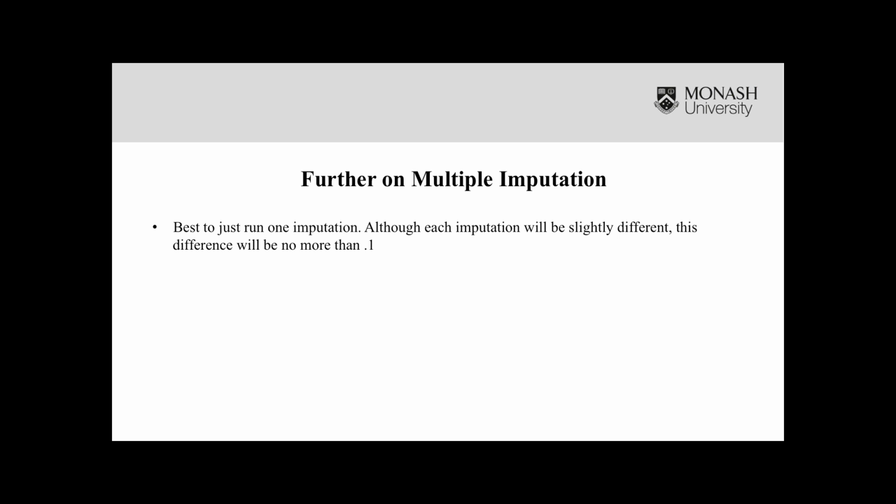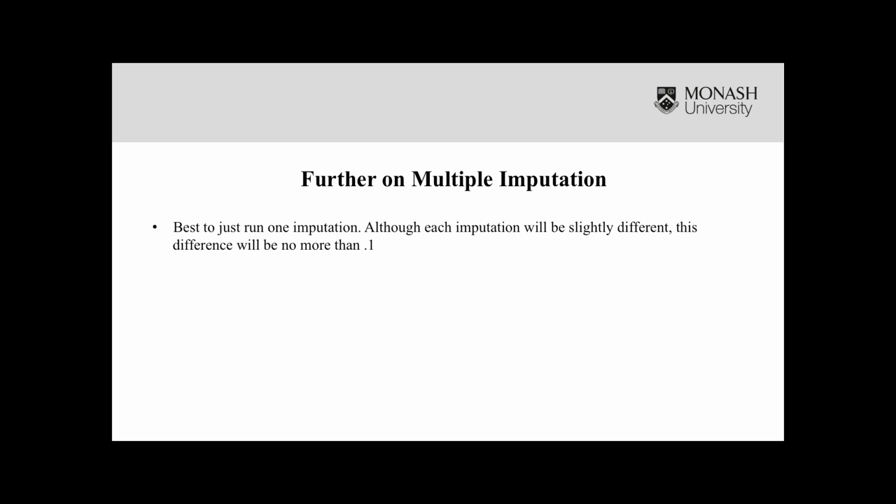Just a couple of further points on multiple imputation, just for the sake of clarity here. It is best to just run one multiple imputation. Ultimately, with each imputation on the same data set that you run, you will get slightly different results for the missing data. And this is essentially because each imputation will use the same number of items to predict that missing data, but the items themselves will be randomly chosen.